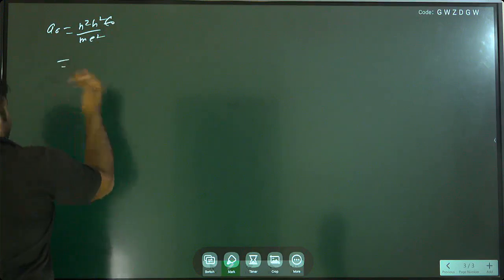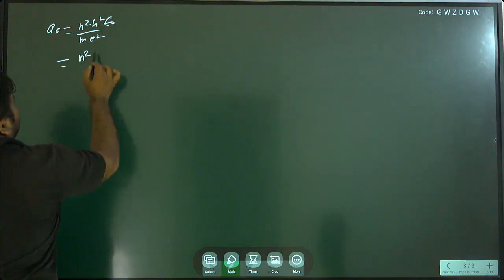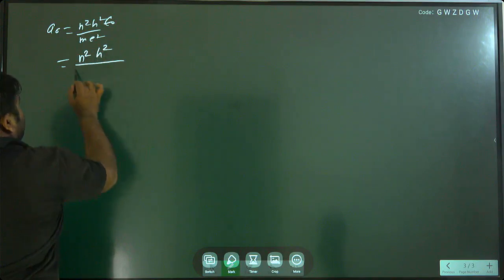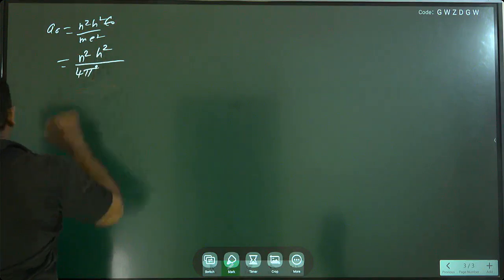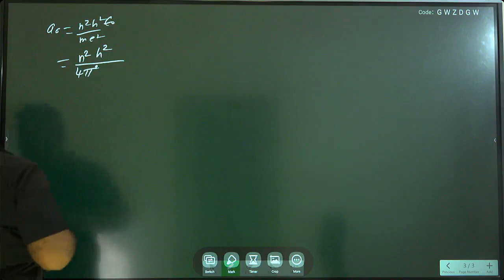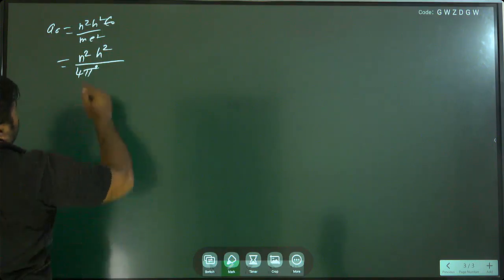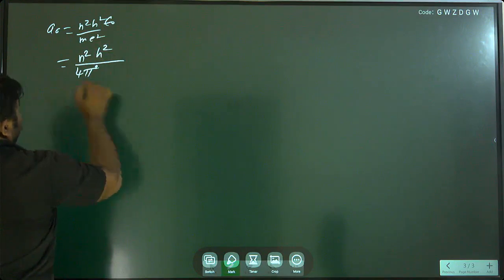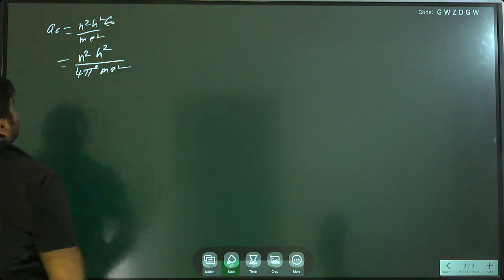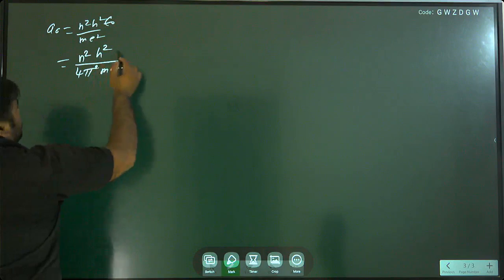At that time, how is the adjustment done? See, n square h square upon, here we adjust 4 pi, 4 pi square, into 4 m e square. Okay, why can we adjust this one?